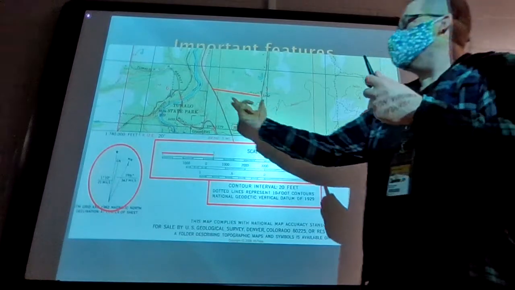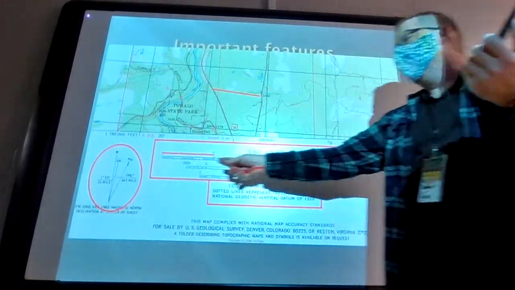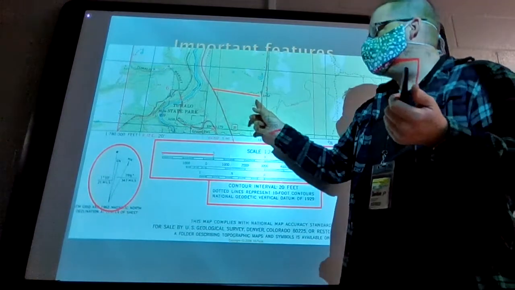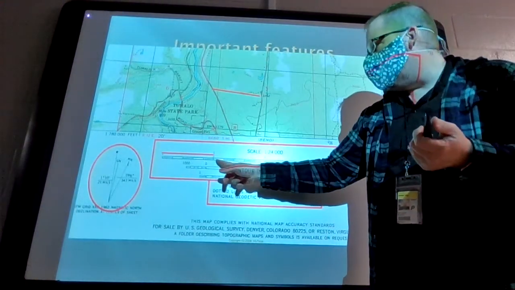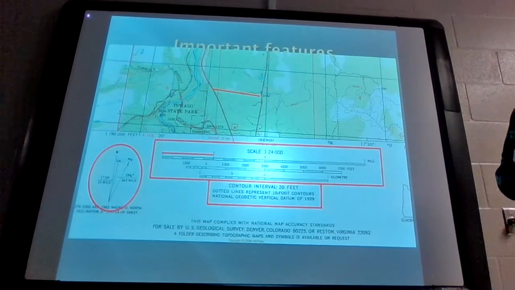Here they're just showing you can measure the distance on the actual map, bring it down to the scale, and know that this distance on the map is roughly, what, a half a mile. Yeah, it defines where it is on the grid north. Grid north. Okay.